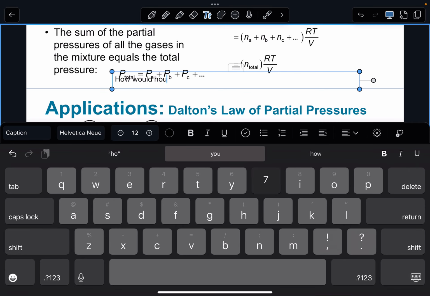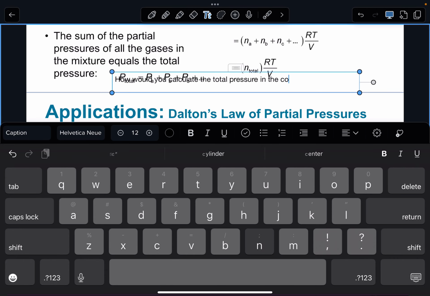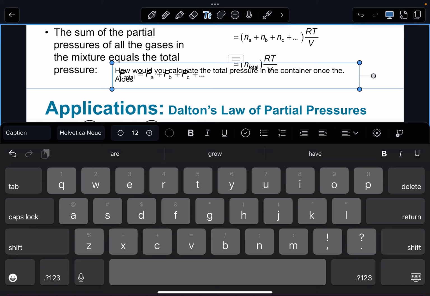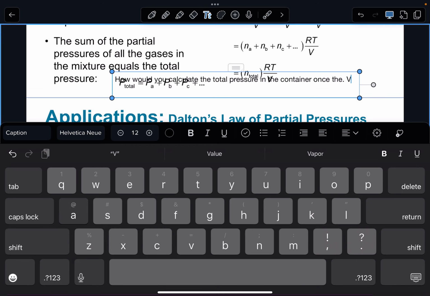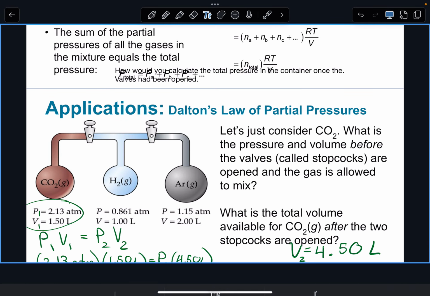How would you calculate the total pressure in the container once the valves had been opened?